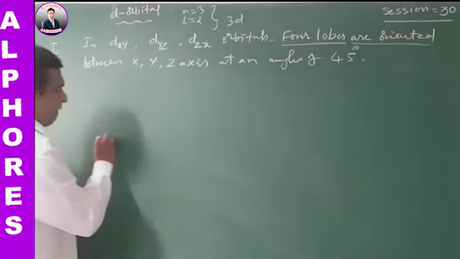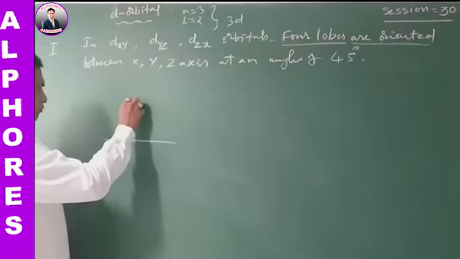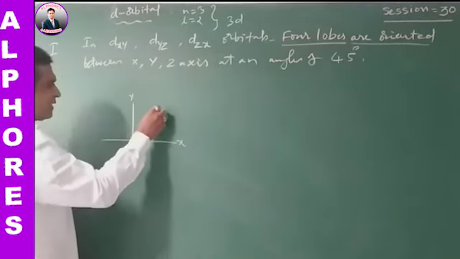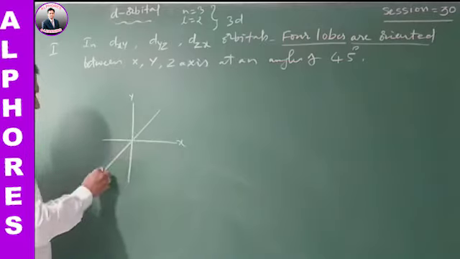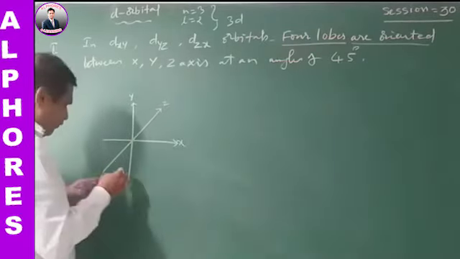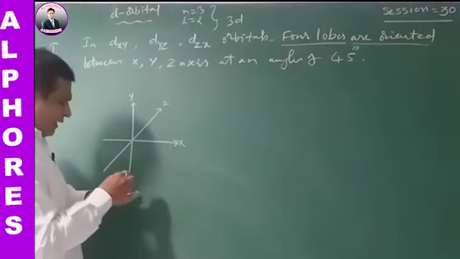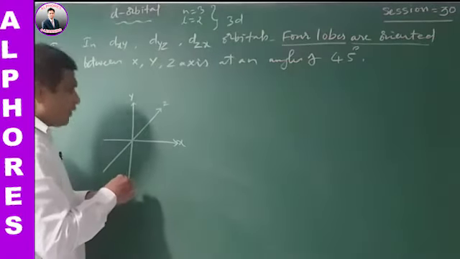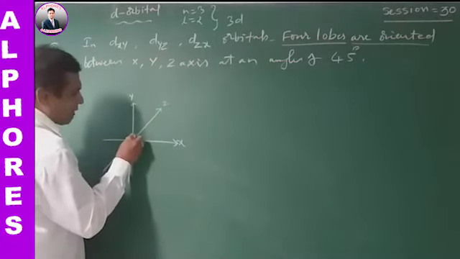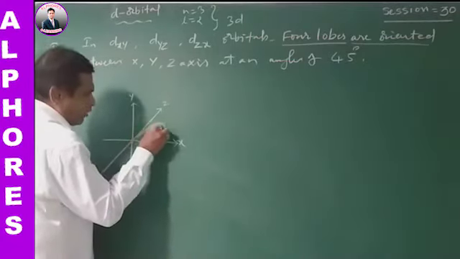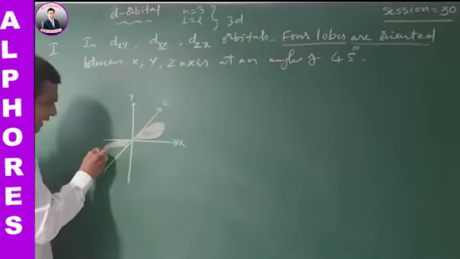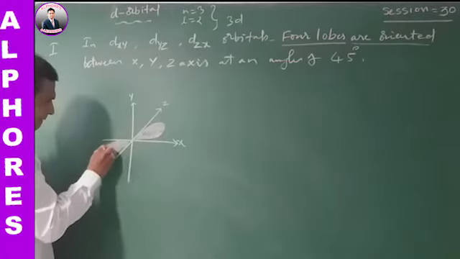Say this is the x-axis, this is the y-axis, and assume this is the z-axis. Now the four lobes are oriented between the axes.